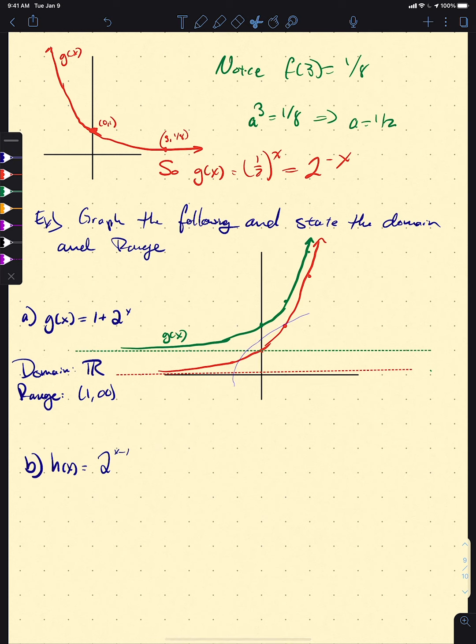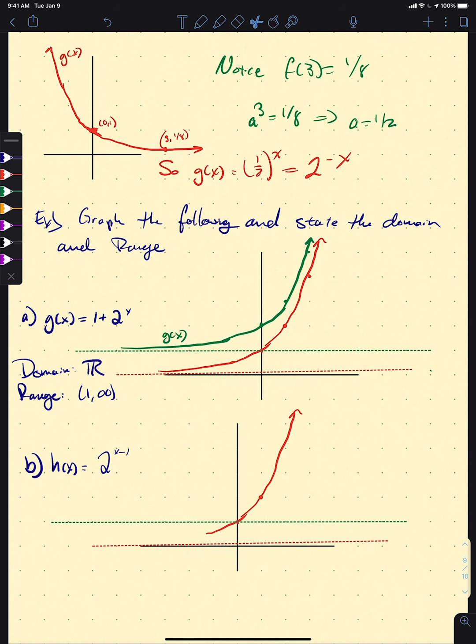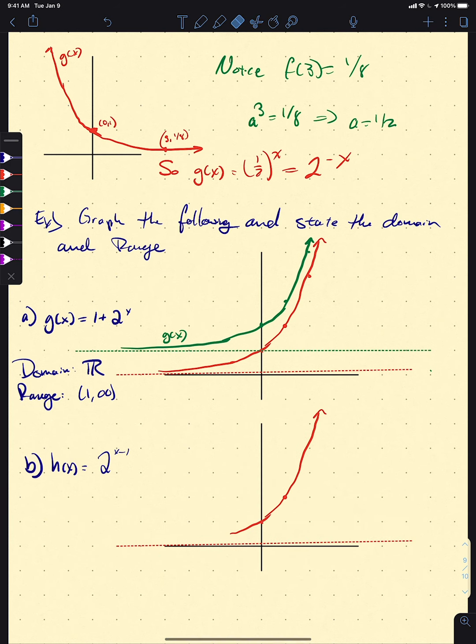We'll need a set of axes, so let's grab these. And then if we erase this, fill in this detail, right? We still keep our parent graph, right? But here's what's happening. If we say that f of x equals 2 to the x, then h of x is f of x minus 1, right?